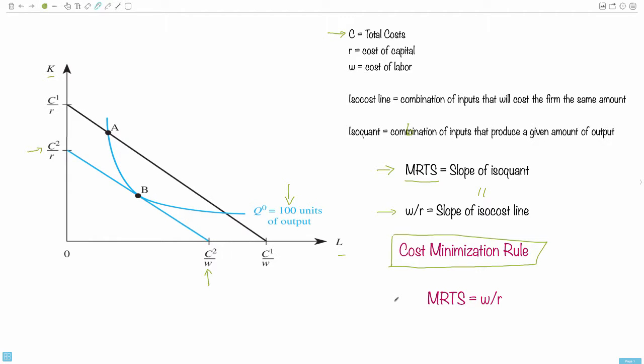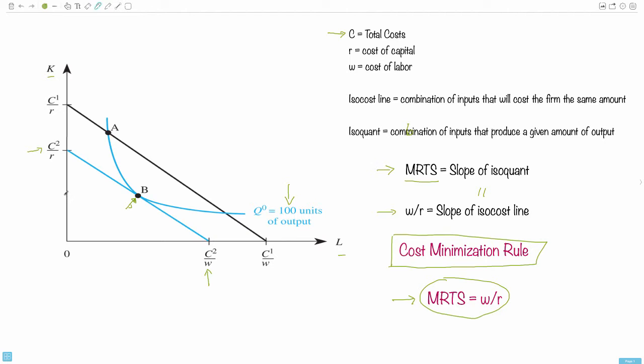In other words, when the marginal rate of technical substitution equals the price ratio. If you notice, this condition is only met once, here at point B, where the slope of the isocost line is equal to the slope of the isoquant.